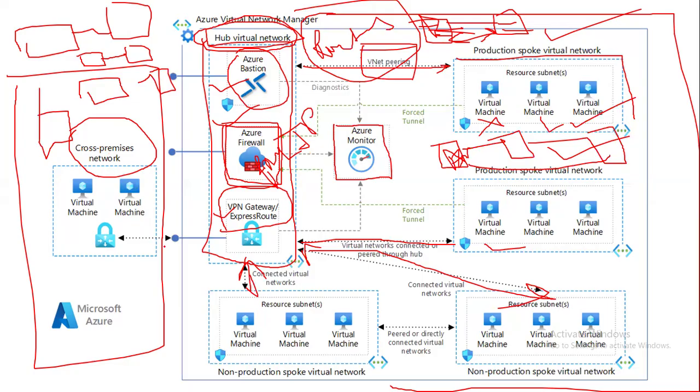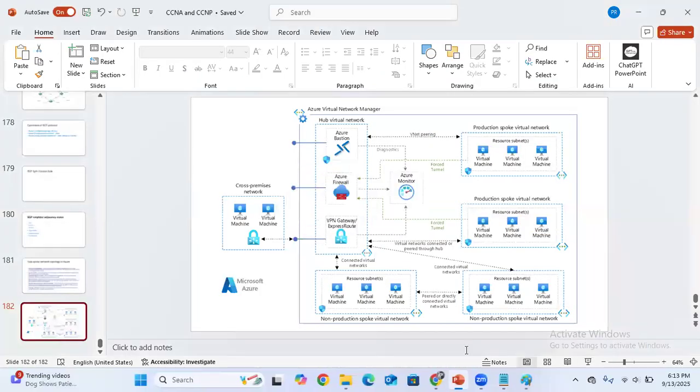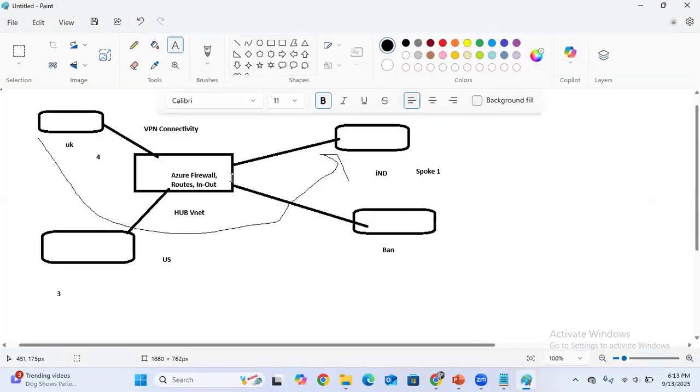And if you want to communicate with on premises, there should be some connectivity. We already know about the VPN gateway and Express Route and how the connectivity happens. So that is the overall hub and spoke model, shown here in a similar way. But how is the Azure Firewall going to be controlled?